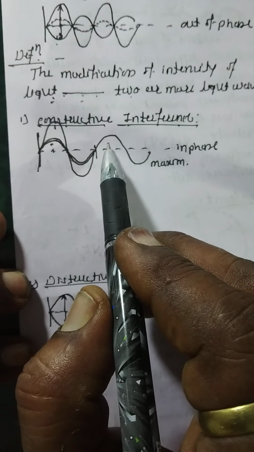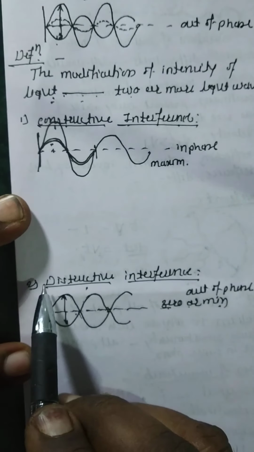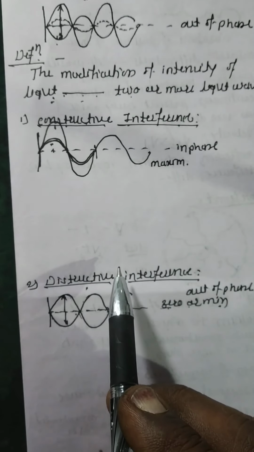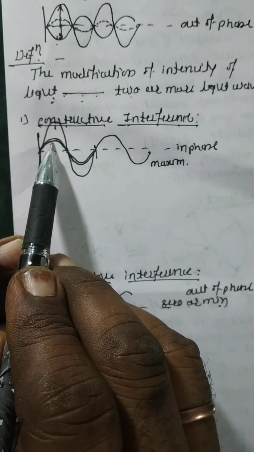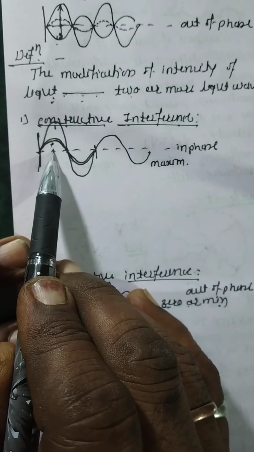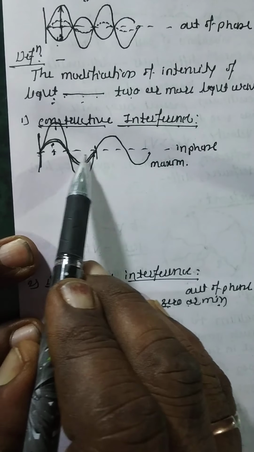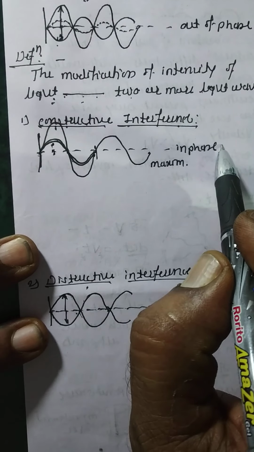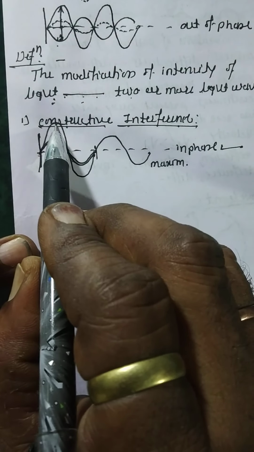See, there are two types of interferences that are constructive interference and destructive interference. What is constructive interference? When two waves having equal wavelength and amplitudes traverse through medium and are in phase, then resultant intensity at that point is maximum.